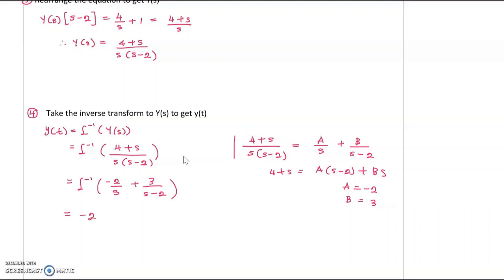The inverse of negative 2 over s is negative 2, because we know the inverse of k over s is k. Similarly, the inverse of 1 over s minus 2 is exponent 2t. So we have 3 exponent 2t. So this is our yt.